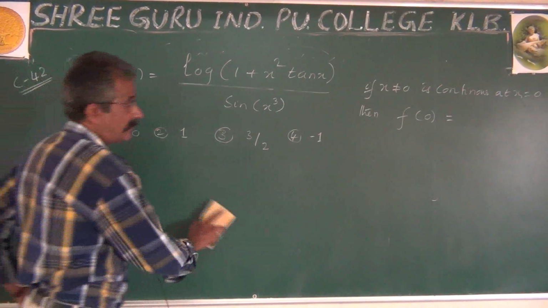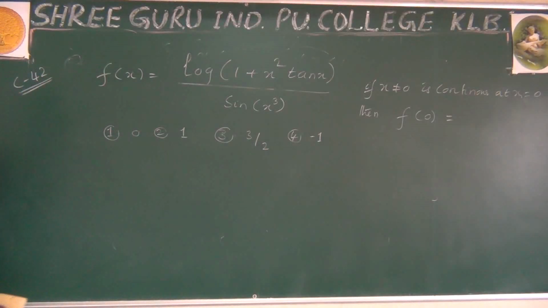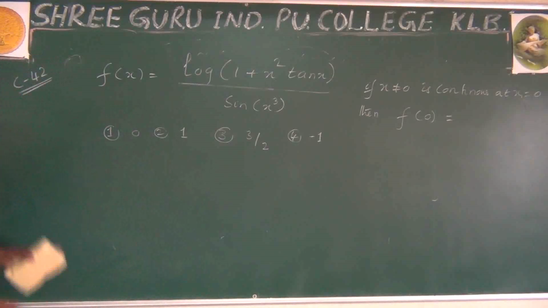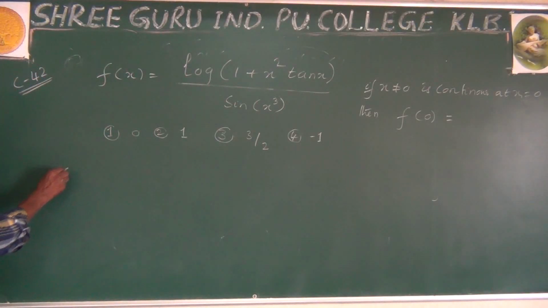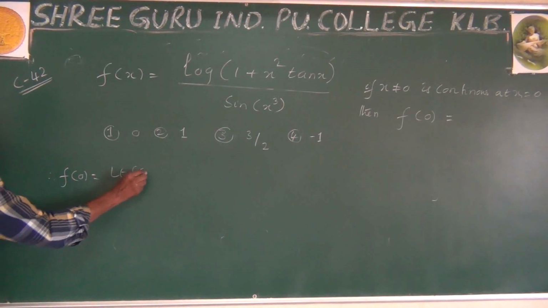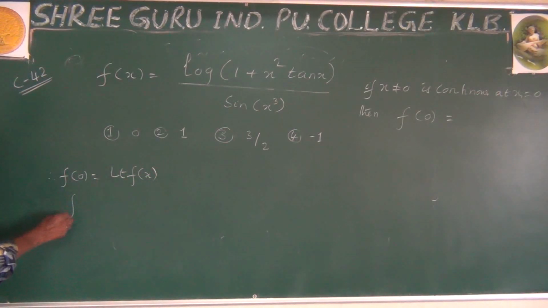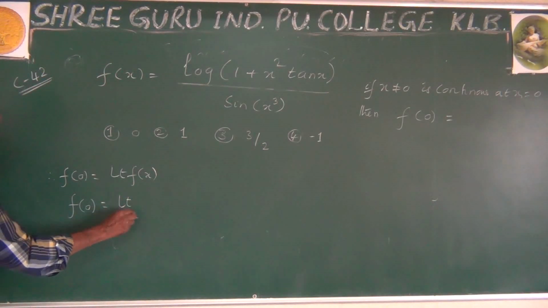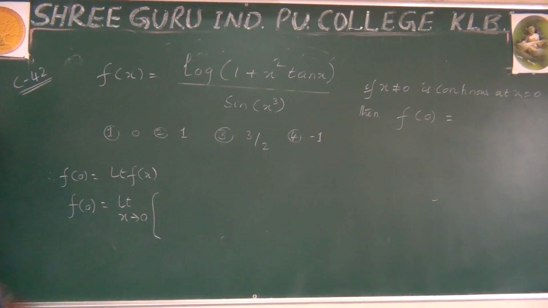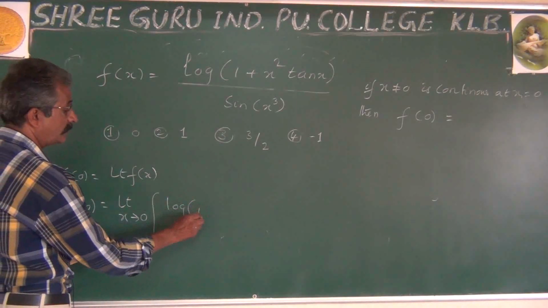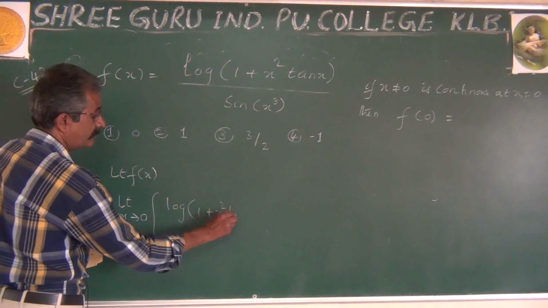What is given? Given that the function is continuous, so as usual f of 0 must be equal to the limit of the function. f of 0 equal to limit of f of x. That is, f of 0 equal to limit extending to 0 of f of x. f of x means log of 1 plus x square into tan x.